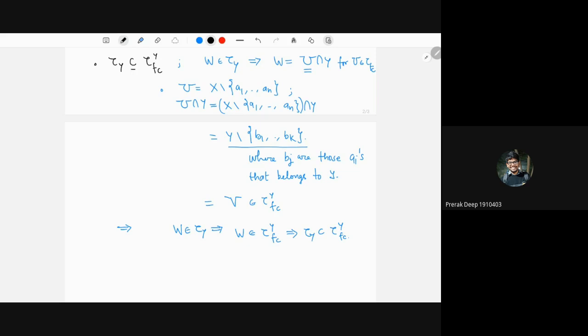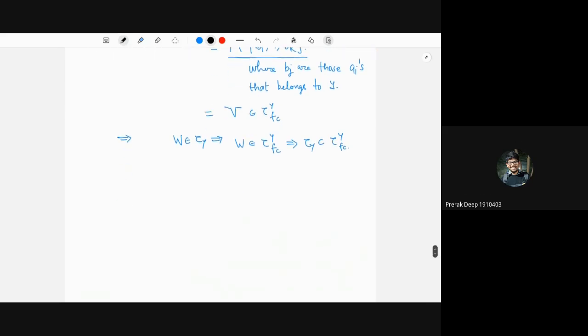Is this part clear? Yes, sir. Good. Now let's look at the other part. So tau YFC, you want to show that it is contained inside tau Y, the subspace topology. So for that, we start with W in the finite complement topology on Y. So what does this mean?